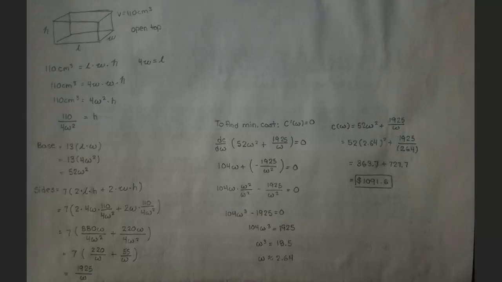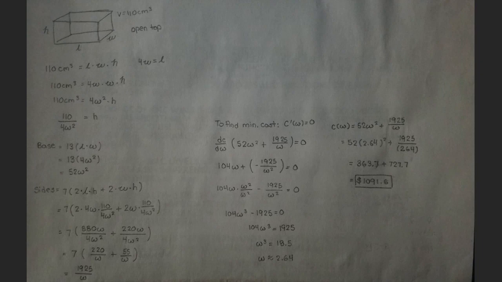And when you differentiate and solve for W, you get the width is about 2.64. Then you substitute the width back into the equation to find the minimum cost. So C of W is equal to 52W squared plus 1,925 over W, and you will substitute W into the equation. Then you will get the minimum cost is about $1,091.06.